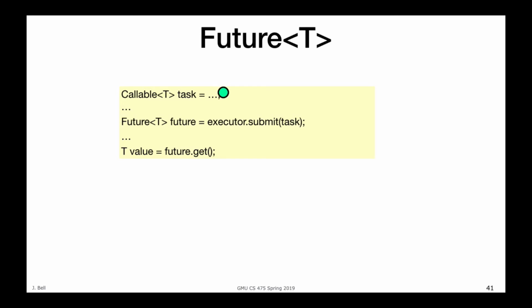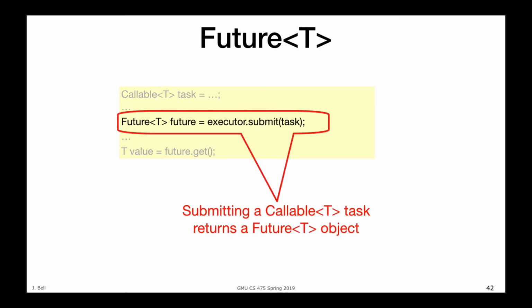I've created my task and it's a callable. When I submit that task to the executor, notice that submit actually returns something: a special kind of object called a Future. For a callable that returns a type T, the Future is also parameterized by that same type T.